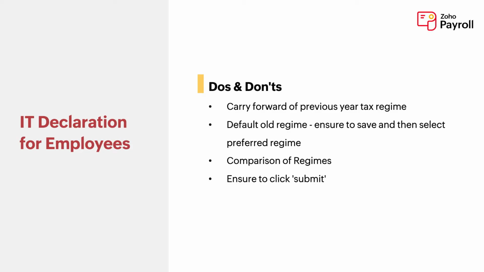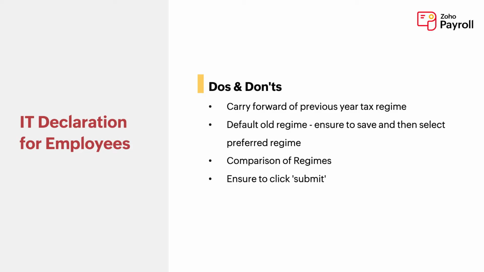To begin with, it is important to know that the previous year IT declaration, which was approved through the proof of investment selection, will be automatically carried forward to the current fiscal year. So let's say in the previous financial year, an employee has their approved POI, we will automatically fetch that data into the current year's IT declaration so that the employee doesn't have to go in and resubmit those declarations again.